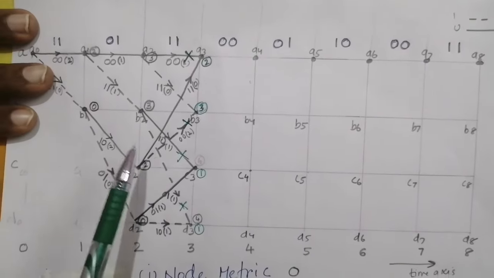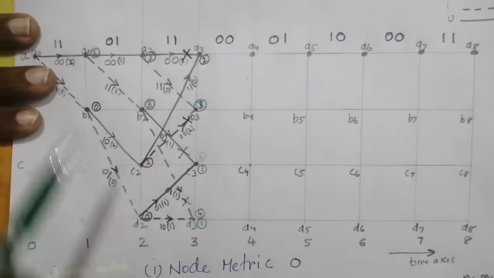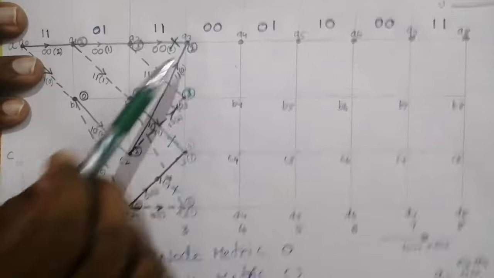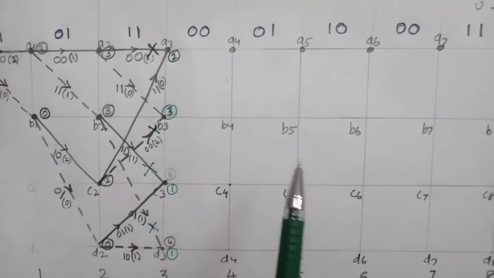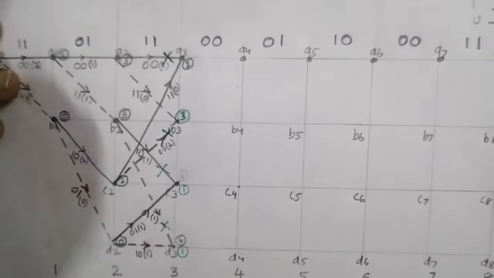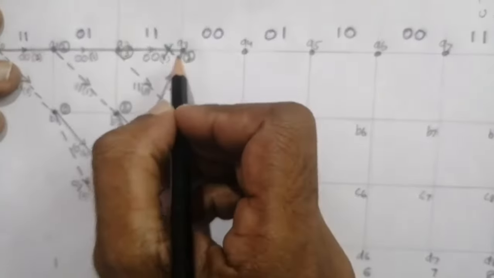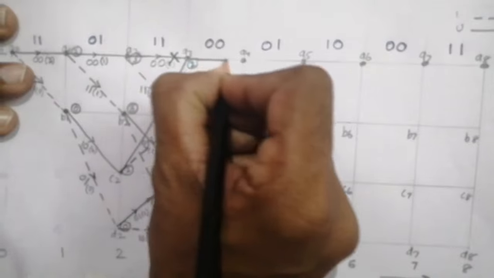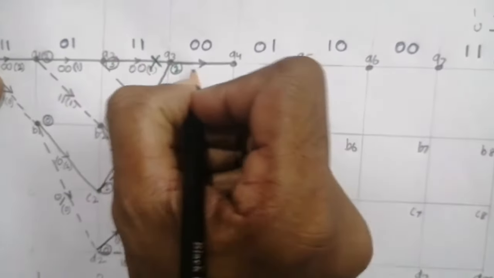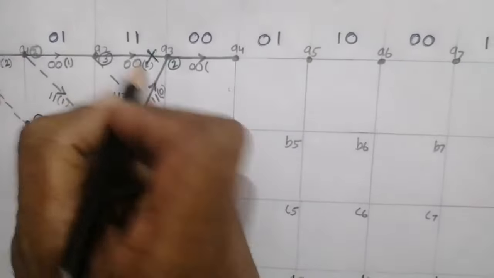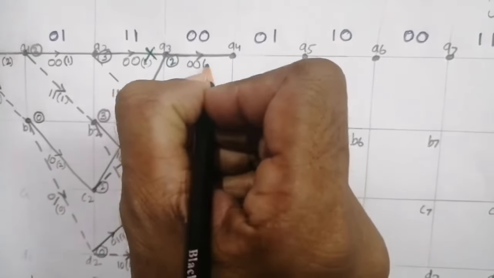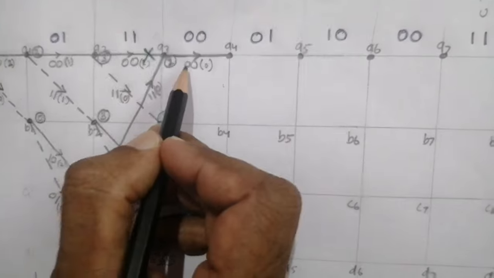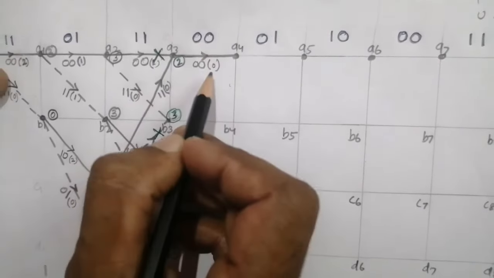So we have completed up to A3, and the corresponding node metric is written here. Now we will work out one more stage. Currently I am at A3. If 0 comes, I will go to A4. Output is 0 0. The discrepancy between the path metric and the received sequence is 0.